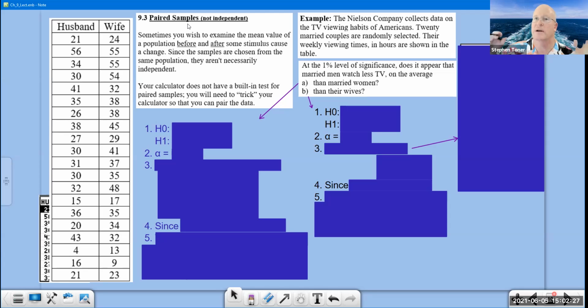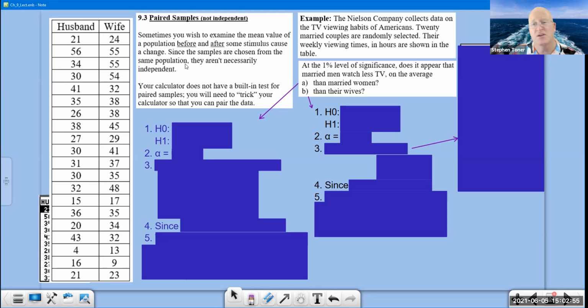Men and women were independent of each other. Canadian women, US women, independent of each other. Now there is a dependence between the 2. Suppose you wish to examine the mean value of a population before and after some stimulus causes a change. Since the samples are chosen from the same population before or after this stimulus, they aren't necessarily independent.